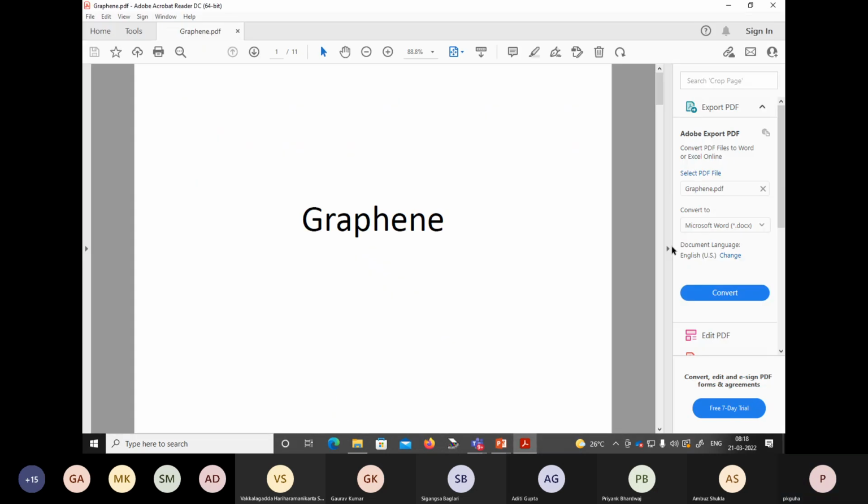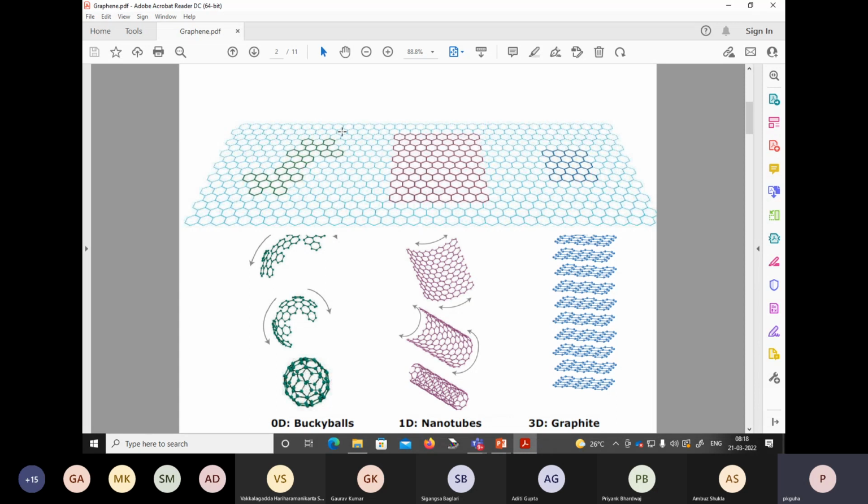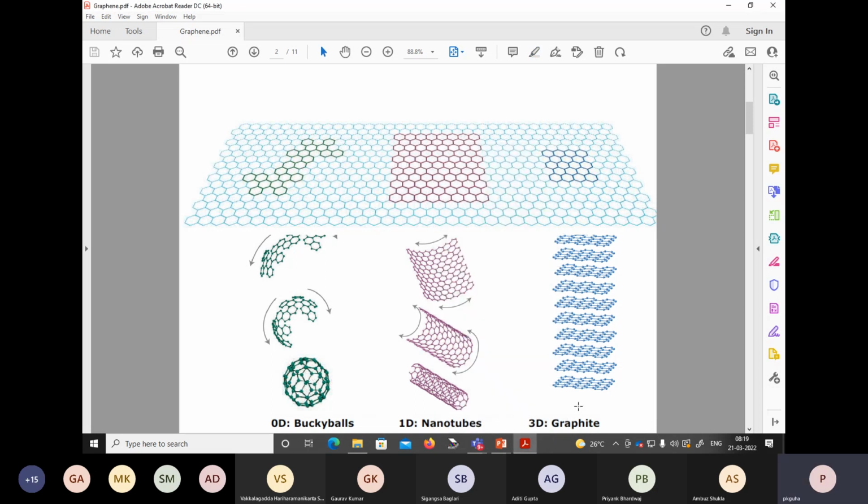Let me go to this file. So this is something you have seen before. If we can detach a single layer from this graphite sheet, then you will get graphene.